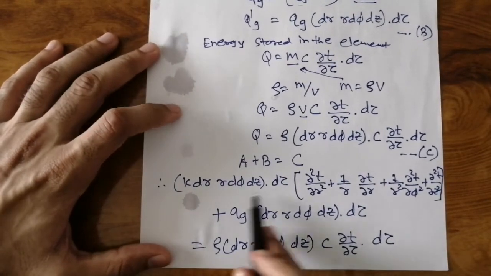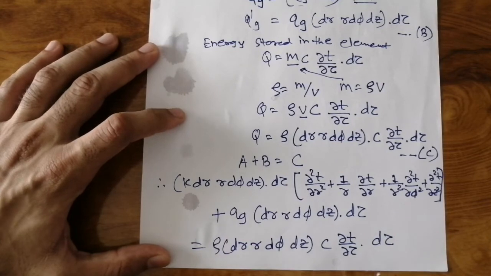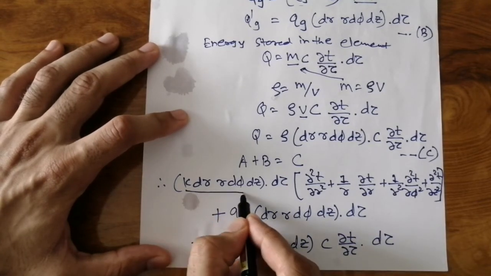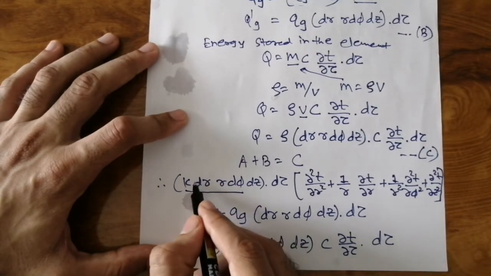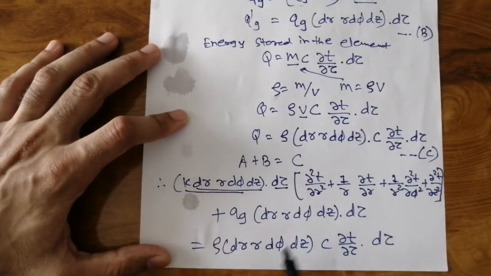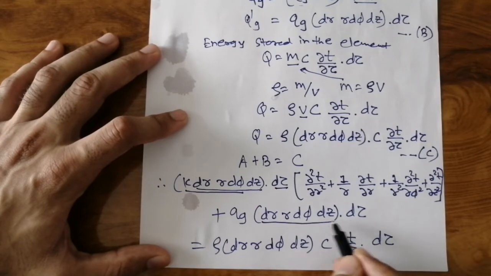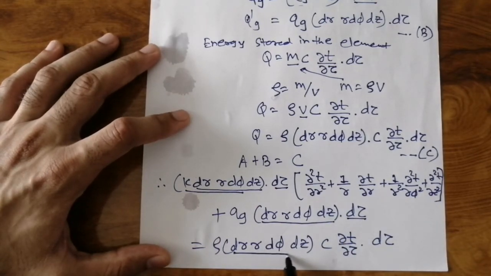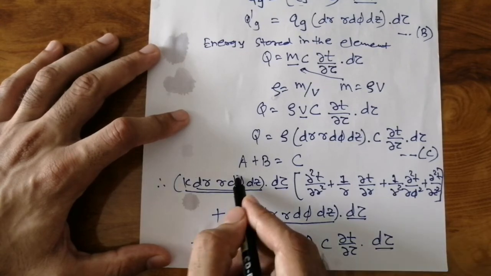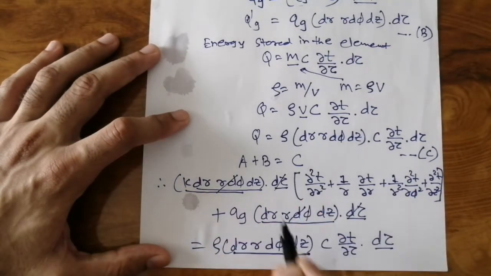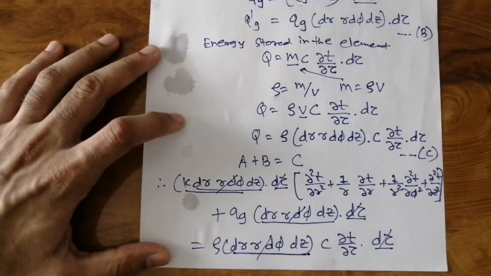Now you can see in equation A, equation B and equation C that dr r d phi dz, this volume, and d tau are common, so we just take them common and cancel them out.